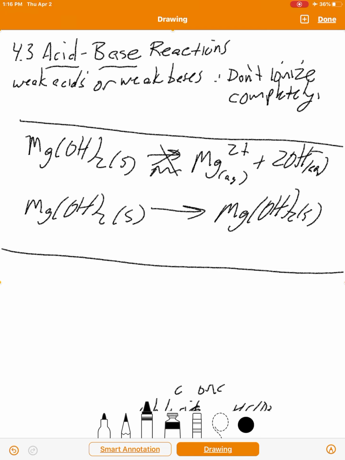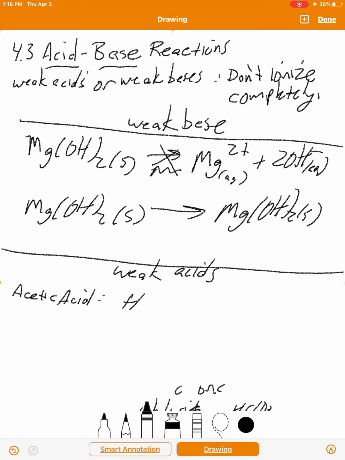And so that's a weak base. The same goes for weak acids. You may see examples they give you where they give you a weak acid. An example of a weak acid would be acetic acid, HC2H3O2. It does dissolve in water, but it doesn't form very much in the way of ions. It only ionizes about 1%.